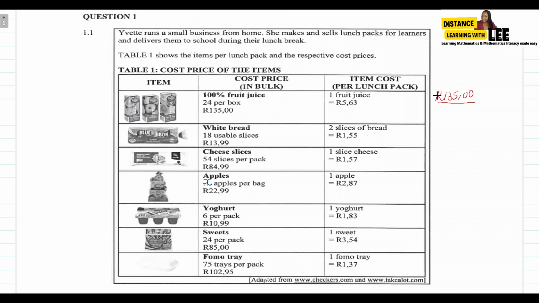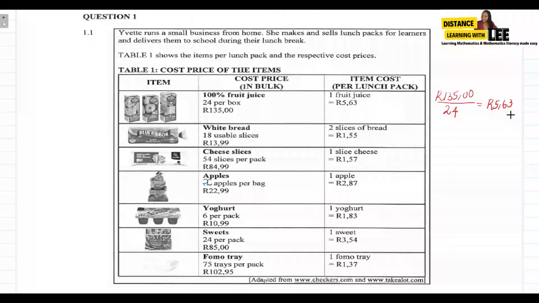So we need to divide that by the total number of fruit juices in the box. If we take 135 rand and divide that by the total number of fruit juices in the box, which is 24, you will get that one fruit juice is equal to 5 rand and 63 cents.